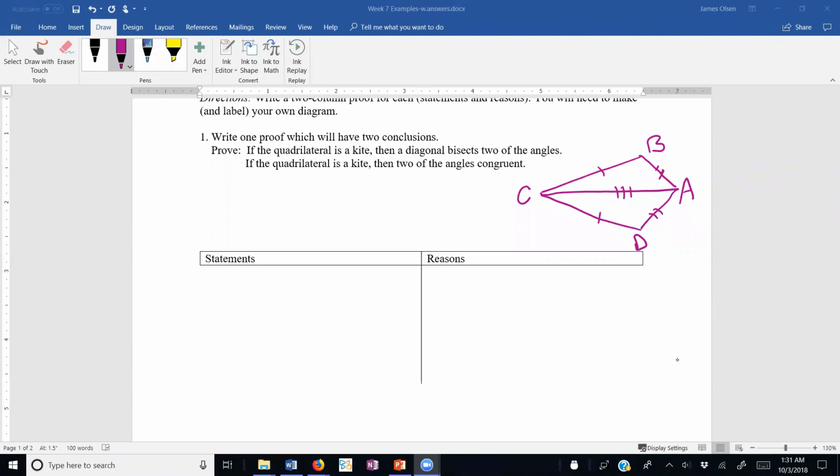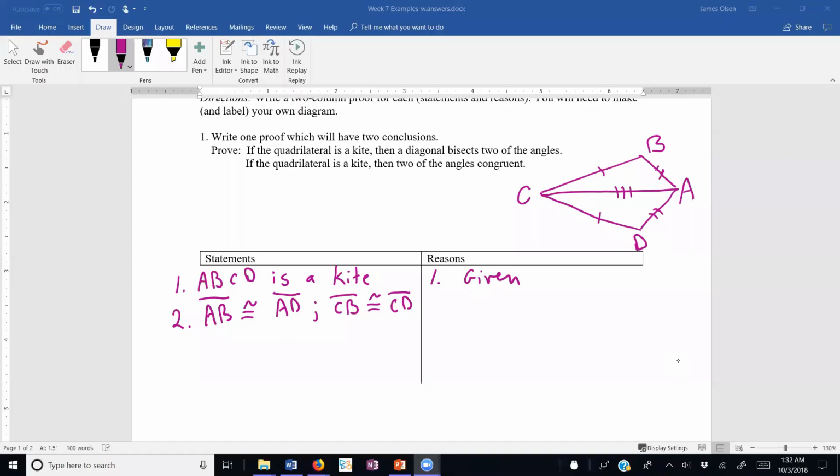First of all, we have a kite, and that's our given information. Now we need to state our congruent segments. Segment AB is congruent to segment AD, and segment CB is congruent to segment CD. The reason here is definition of a kite.